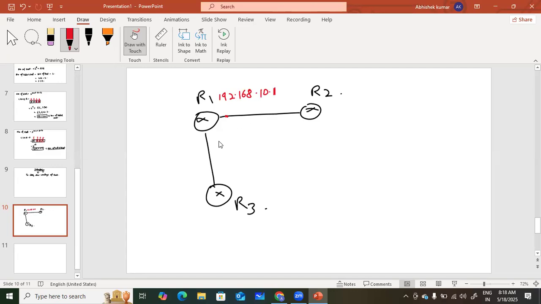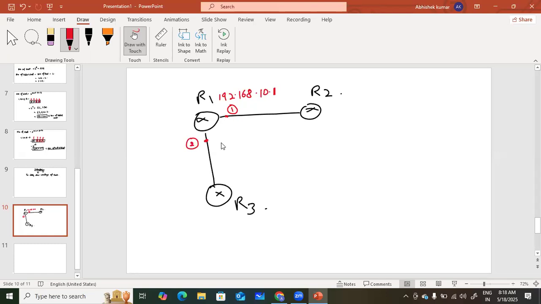Now I have to configure an IP address on a different interface of router 1. Let's suppose this is interface number 1, and this is interface number 2. On a router, using two different interfaces, I cannot use the same network.